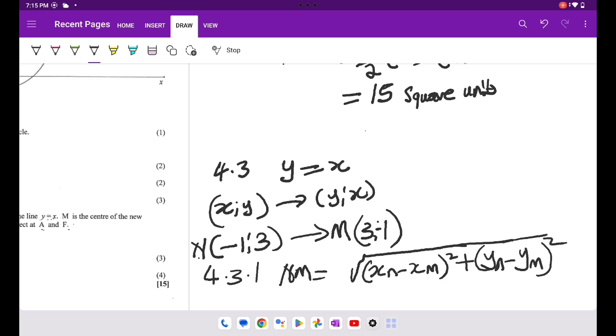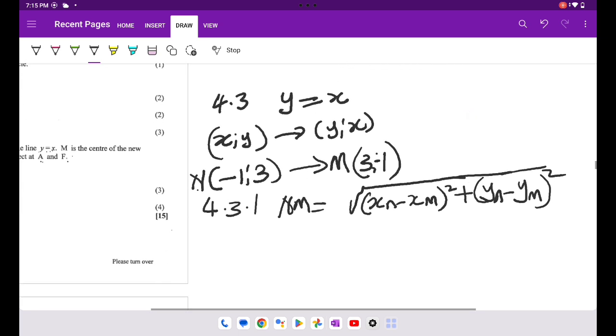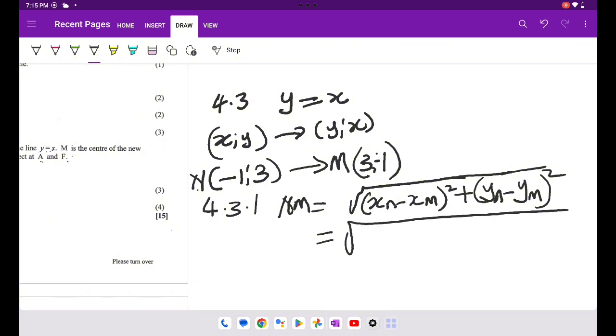That is the distance formula. So we substitute: x value at N is -1, minus x at M which is 3, all squared, plus y value at N which is 3, minus y value at M which is -1. Negative and negative, it's plus 1 all squared.